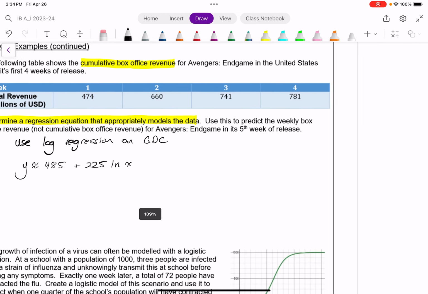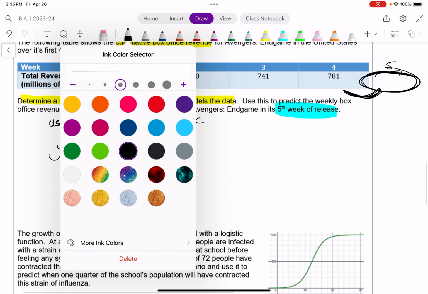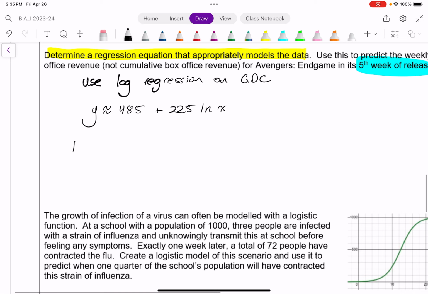All right, so now I want to use this to determine not the cumulative amount in the 5th week, just how much the revenue was in the 5th week of release, which means I want to figure out what goes here, which I can do quite quickly with this equation, and then subtract these two values. Because if I just find this value here, that tells me the cumulative amount. So to find the 5th week of release, I just want to let x equal 5.